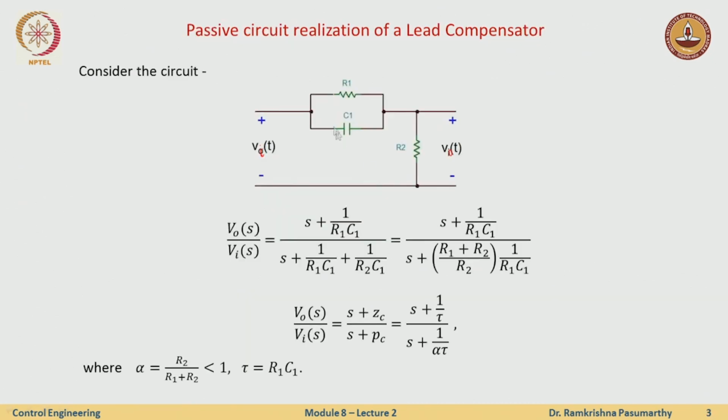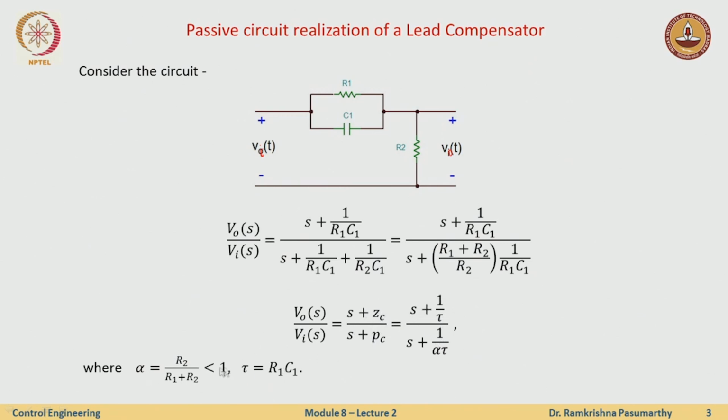Okay, so before we proceed, we will see how we can realize or construct the lead compensator with the help of some basic circuit elements. It turns out that if I take resistances R1, R2, and capacitor C1, apply an input voltage and measure the output voltage across the resistor R2, which are connected in this way, then VO by VI has the construction of a zero and a pole with these numbers, and these numbers can be computed directly.